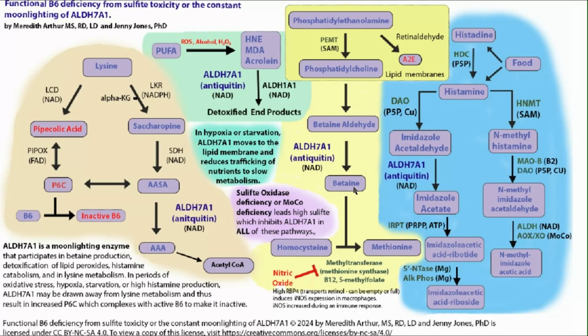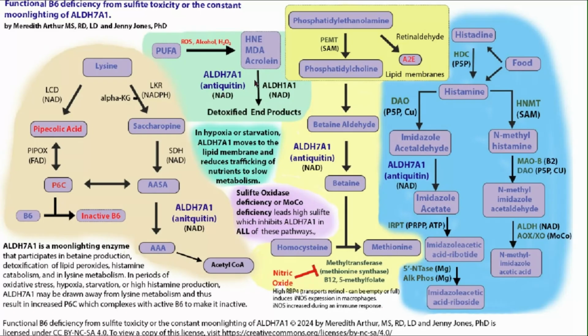And the ALDH7A1 is like it's a moonlighting enzyme, and it's the very original theory that Jenny and I worked on to explain my own daughter's health issues and her late onset seizure disorder. So what we think was going on is that sulfite was inhibiting ALDH7A1 in all of these pathways that it can participate in. And so it can decrease when ALDH7A1 is decreased.